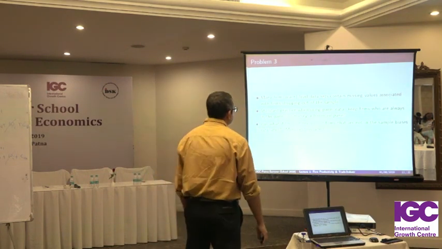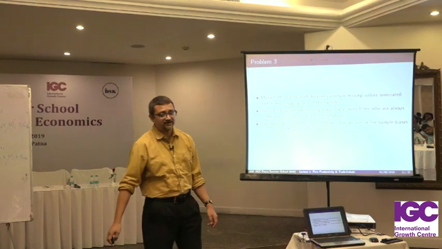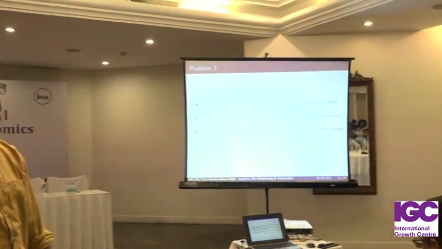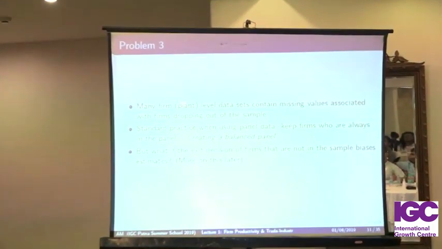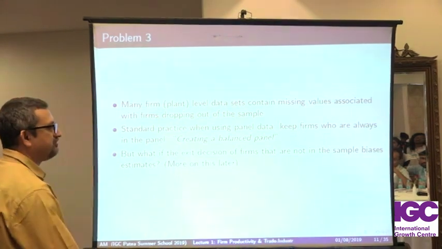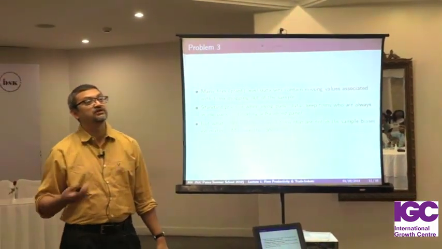A third problem, which is largely specific to firms, but also specific to households, in fact, is, if you have panel data, many units, firms, have missing observations, which means that the firm is there, and then suddenly the firm is gone, right? In household data this is very common.